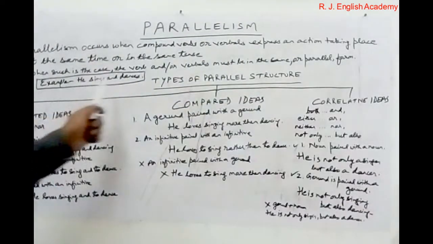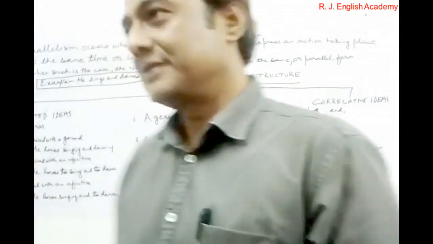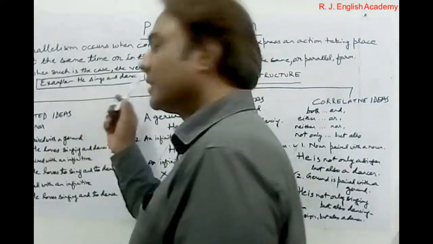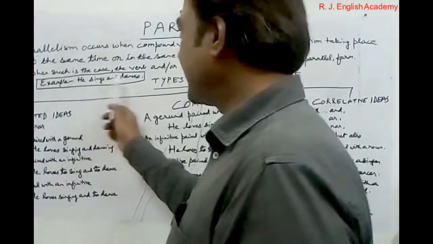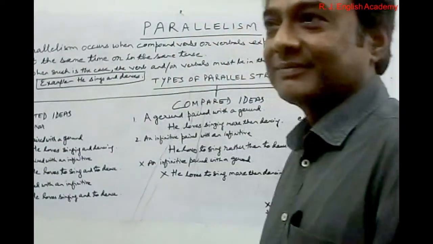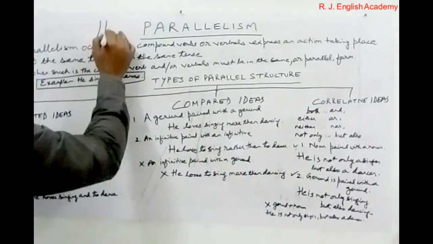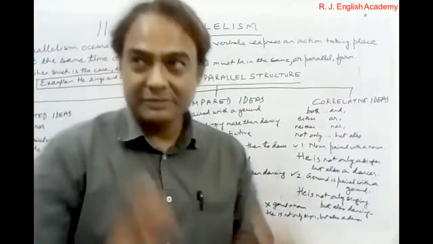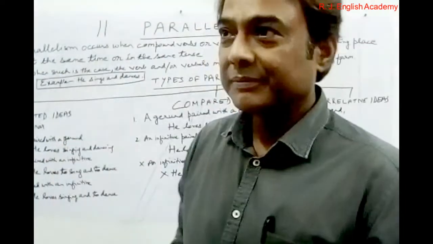For example, he sings and dances. Sings and dances are parallel forms. This exhibits parallelism. Parallel lines run together, at the same time.